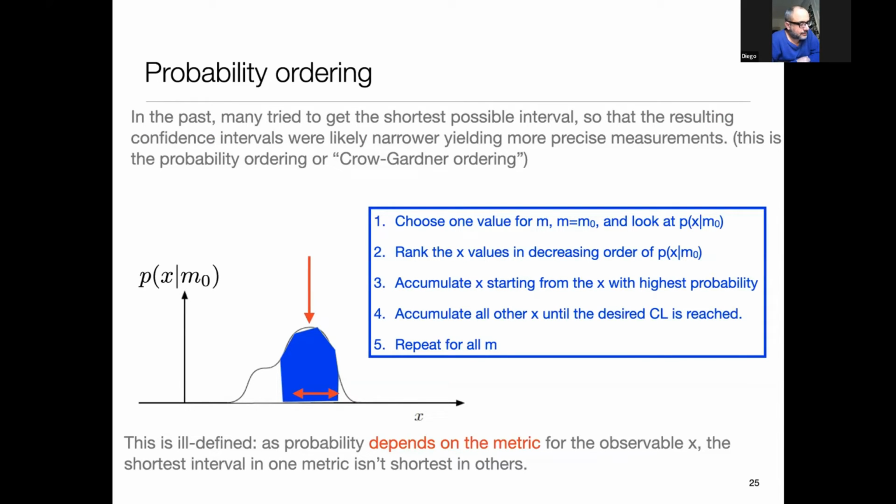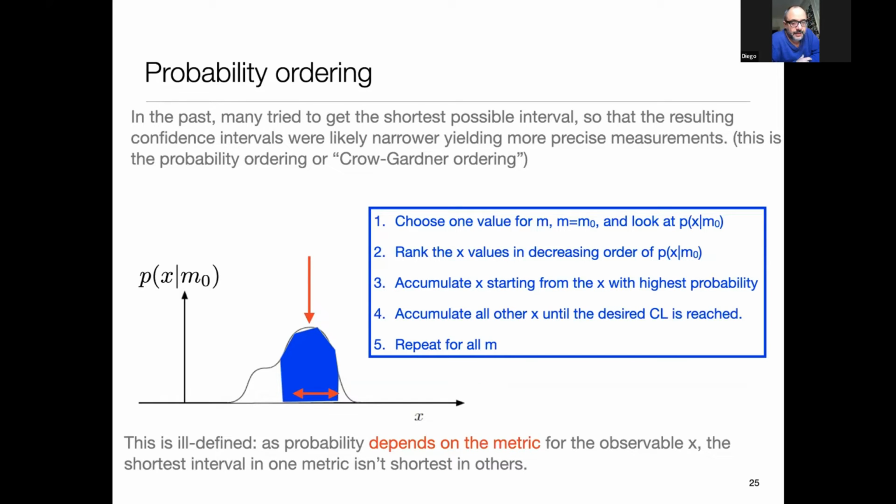So they tried to start accumulating probability from the peak of this distribution and going, close to the peak, to the right and to the left for a central region, because if you start from the peak, chances are that your data range will be the shortest one. And therefore you can imagine that your inference in the end will be the most precise.